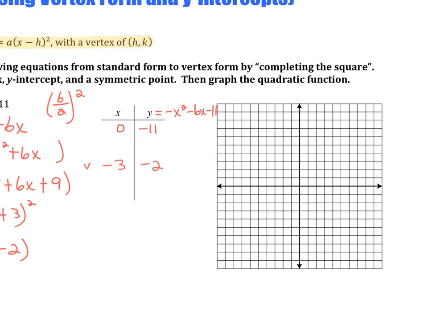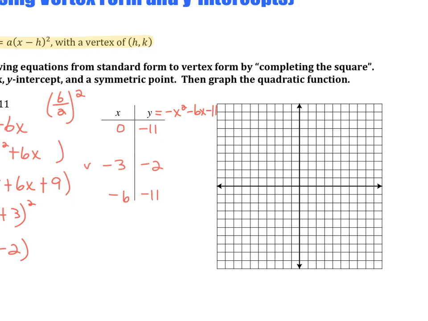Knowing that my vertex has an x value of -3, if going from my y-intercept to my vertex is a distance of 3 units, I can go 3 units on the other side of that vertex, and my symmetry point then would be (-6, -11). Again, that's a symmetry point with respect to the y-intercept that we were asked to find.